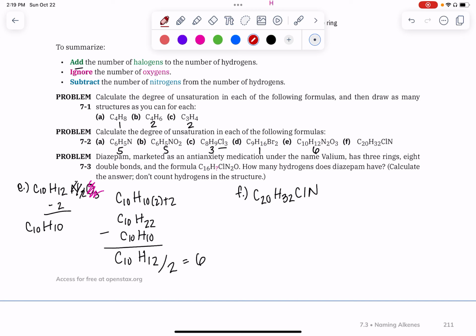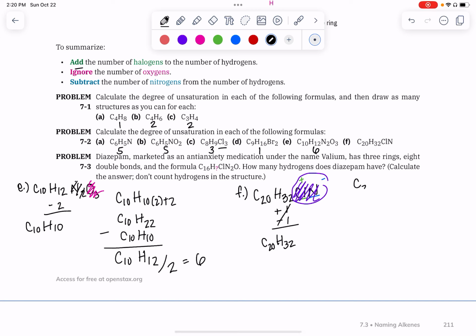Remembering that if we have a halogen and a nitrogen, we are subtracting nitrogen and adding chlorine, so we would do plus 1 minus 1, and those just cancel out. So we are left with C20H32. So if you see something like this, you can go, oh, those cancel, and just scribble them out, and you're left with the correct formula.